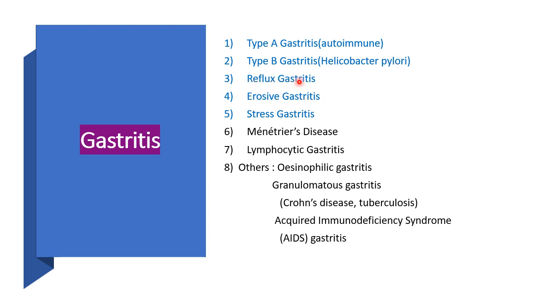Then you have reflux gastritis, erosive gastritis, and stress gastritis. These are the 5 common types. The others, numbers 6, 7, and 8, are seen on and off, but are rather rare in our patients.